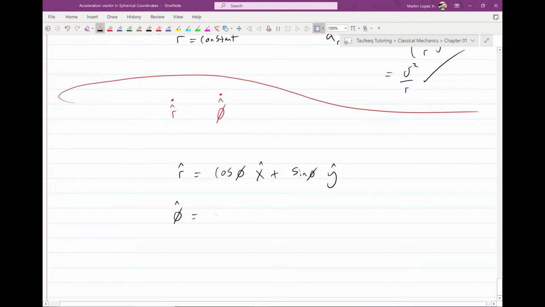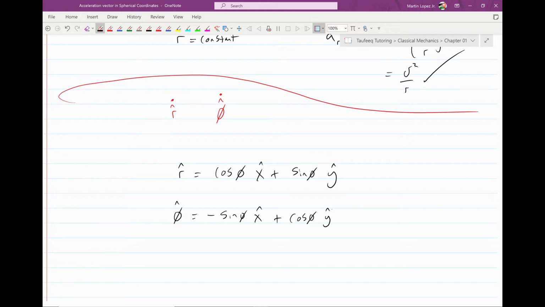Basically, of r hat. So phi hat actually ends up being negative sine phi x hat plus cosine phi y hat. That is what phi hat ends up being. And then we could take the derivative with respect to time and go through that whole process. Okay? And we would get similar results.